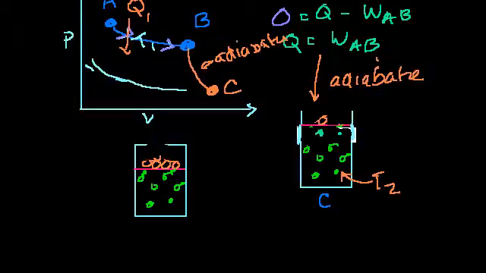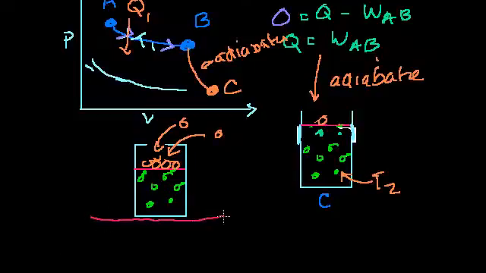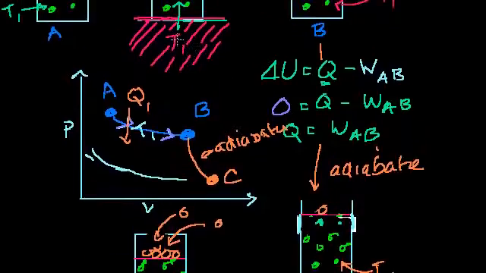Now I'm going to add little pebbles back into it, but I'm going to do it as an isothermal process. I'm going to do it with a reservoir here. But this reservoir is not going to be the same reservoir that I put up there. I swapped that one out. I got rid of any reservoir when I went from B to C. And now I'm going to swap in a new reservoir.